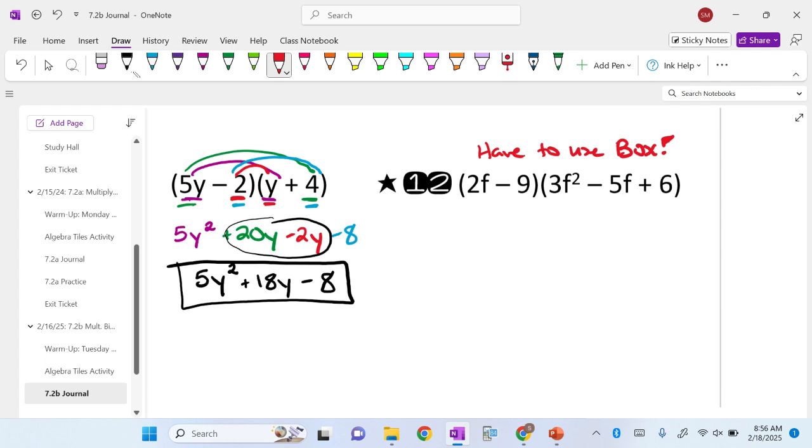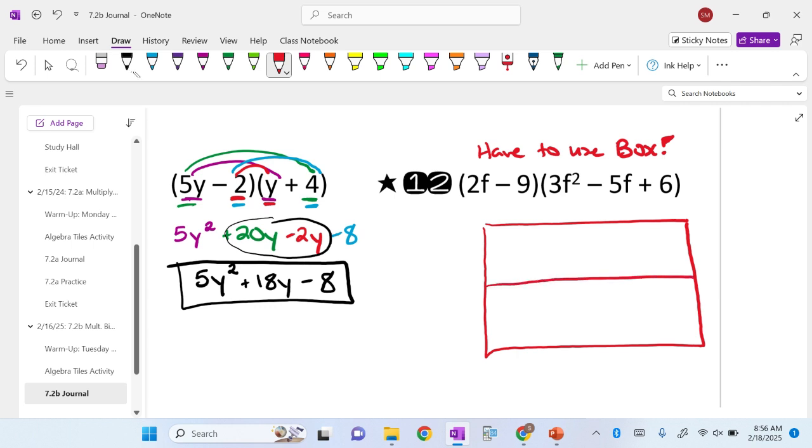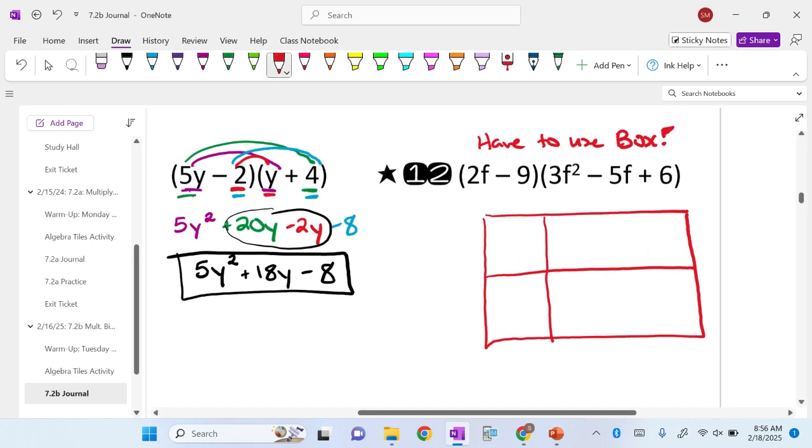So if I'm making this box, we're doing a 2-term by a 3-term. So how many little boxes do you think I'm going to have in this box? So think about it. If we're doing a 2 by 3, that means we have to have 2 rows, 3 columns.